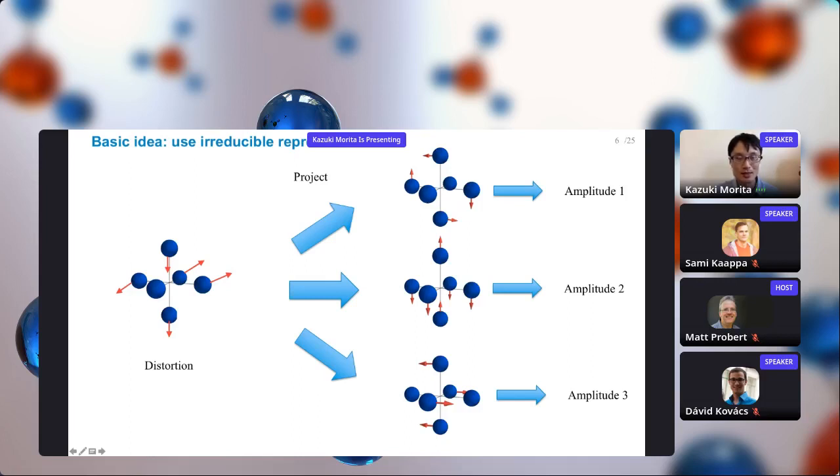So rather than encoding the structure itself, in this study, we encode the distortions. We prepare a basis set that is compatible with irreducible representation and project the distortions onto this basis set and obtain the amplitude.